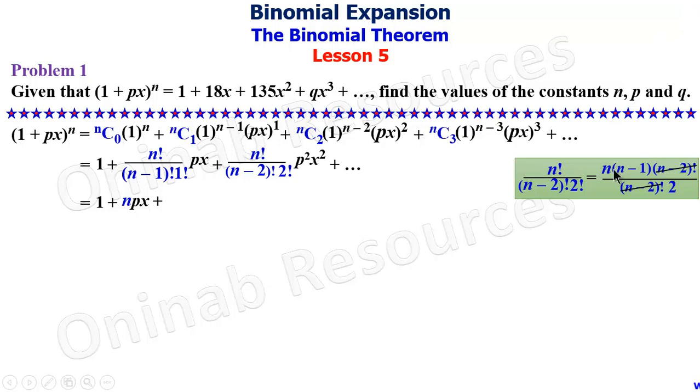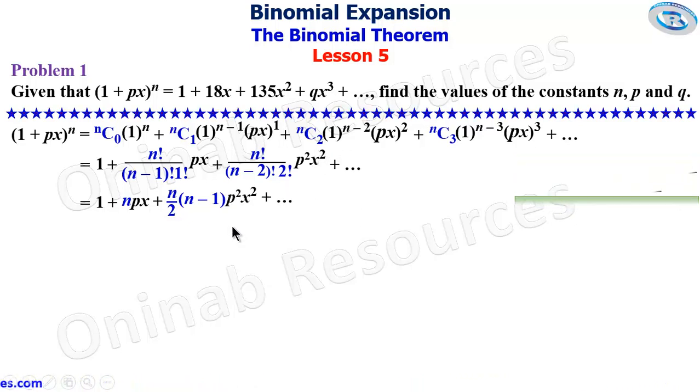Then we are now left with n over 2 into (n minus 1), then multiply by p squared, x squared, and so on. So from here now, we compare with the right hand side of the original equation.